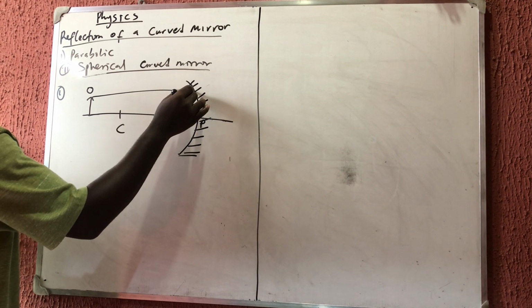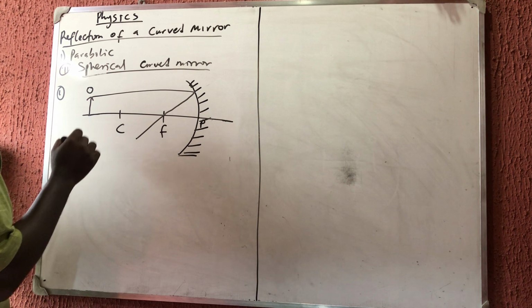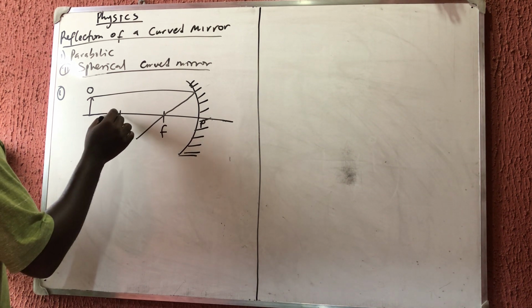I don't know how to draw it, but this ray comes here and bounces here, and then moves this way. Let's see that another one comes like this.